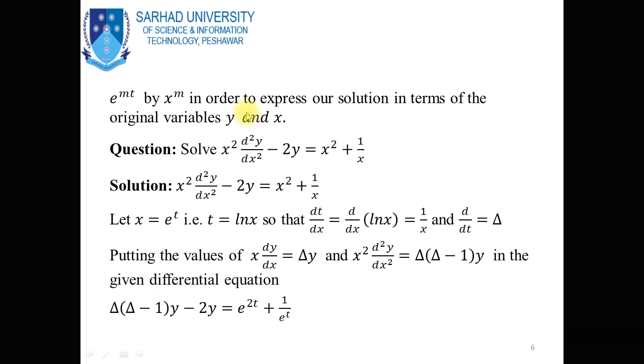Because the equation is non-homogeneous, the equation has two solutions, complementary solution and particular solution, and we have already discussed the procedure for the solution of the higher order linear non-homogeneous differential equation. How to find the complementary solution and how to find the particular solution, we have already discussed all these procedures.